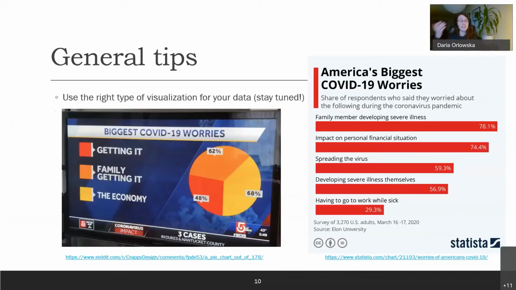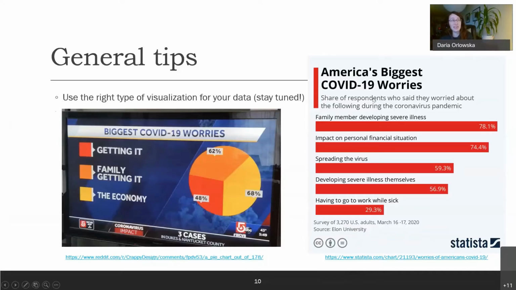So on the right-hand side, you actually have the same type of poll that was used to create the left-hand side one, but split up into a bar graph, which is actually a much better data visualization for this information, because categories can be mutually exclusive and they don't have to add up to 100%.